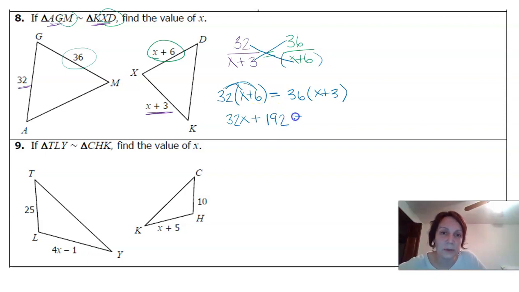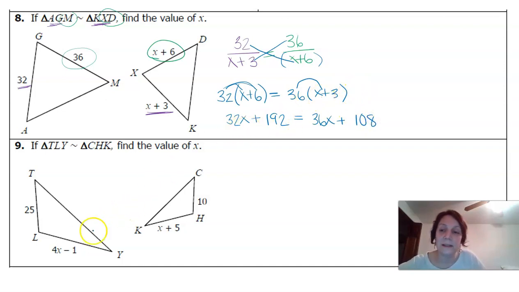I don't trust my mental math. And then on the other side, I have 36 times x, which is 36x, and 36 times 3, which is 108. Should we check it? 36 times 3. Boom, 108.